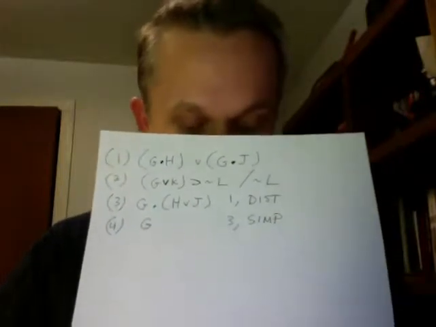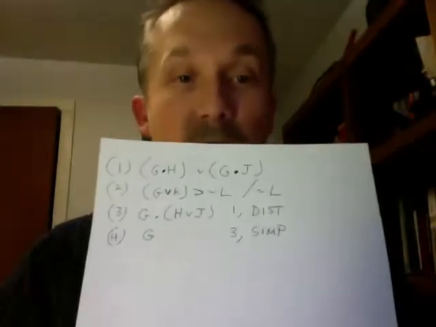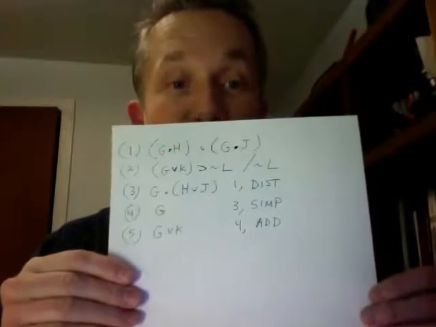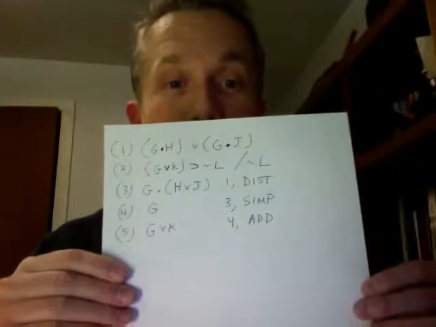So I look at line 4 and I think I can apply another rule that's going to allow me to add the or K. That's the rule of addition here that we've added. Let me get that on camera. G, now line 5 is G or K, because to line 4 we've applied the rule addition.